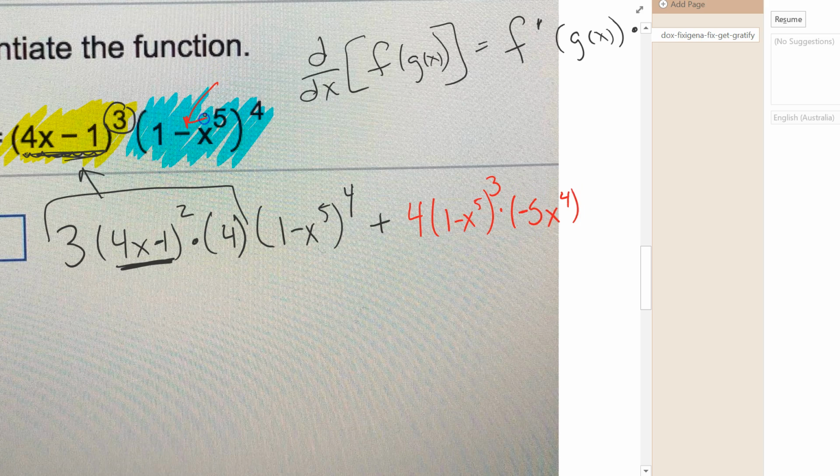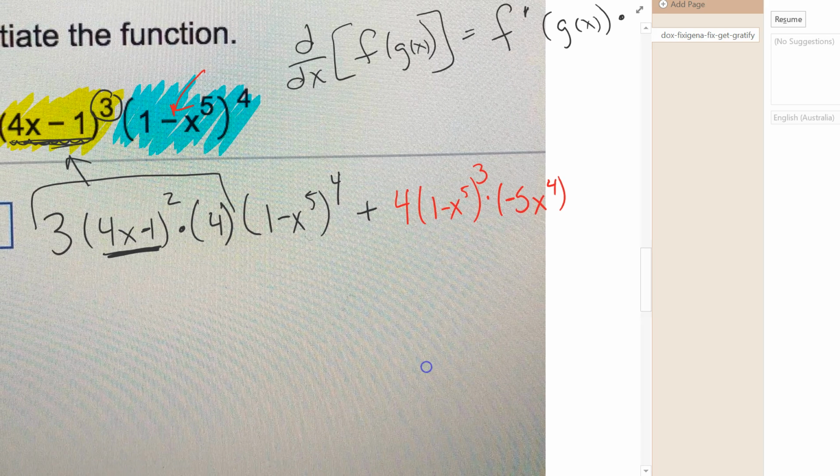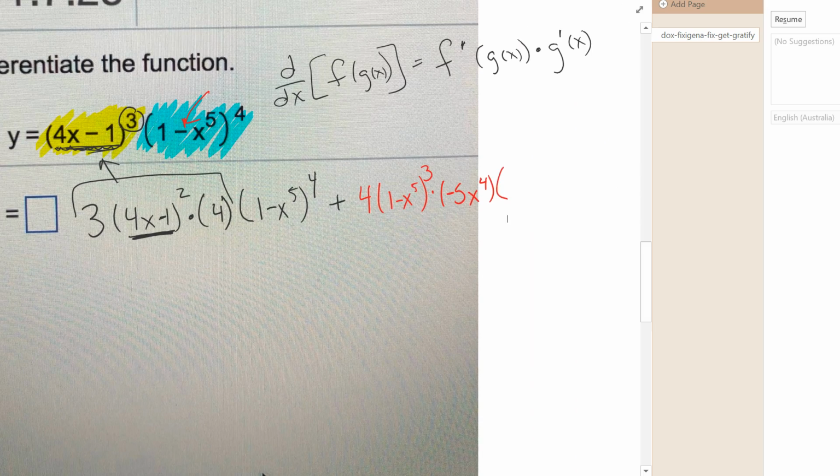So be careful with that negative. So that's the derivative of the blue function, derivative of the outside evaluated at the inside times the derivative of the inside, but then I have to hold the first function. So 4x minus 1 cubed. There's a lot going on here.